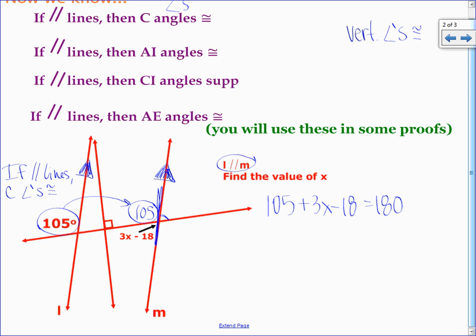Okay, so we combine like terms. We get 3x plus 87. I heard someone whisper it. Okay, now what?